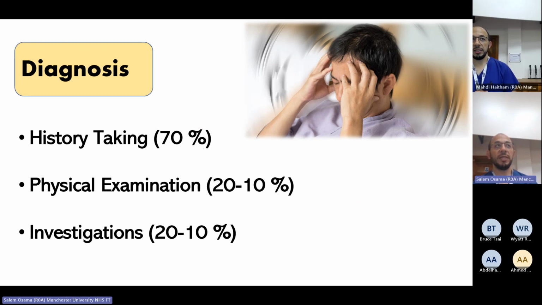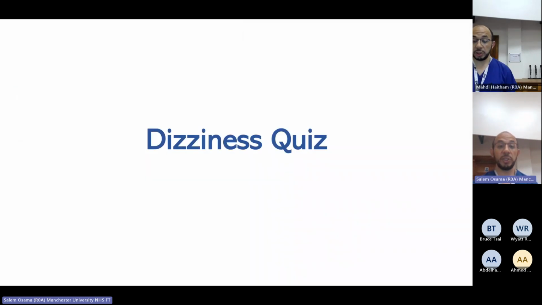The main actual benefit of the investigation is to guide your treatment. But to reach the diagnosis, you have to assess the patient by yourself. You have to go through the history, examine the patient properly, and check what the problem is. After you are at least 90% sure about the diagnosis, you carry on with the investigation.